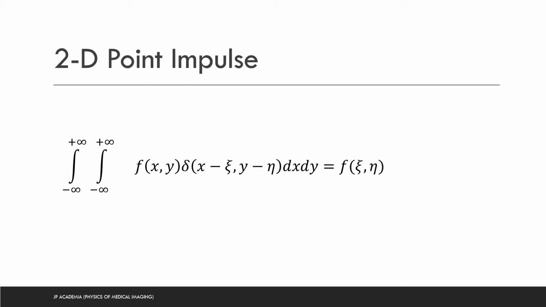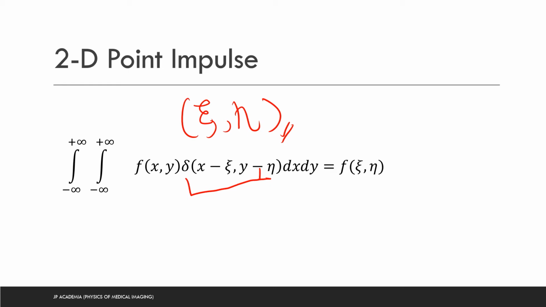So now let's suppose we shift the delta function to a certain position psi, eta, which are just random Greek letters. So that is this one. You're shifting the point impulse.